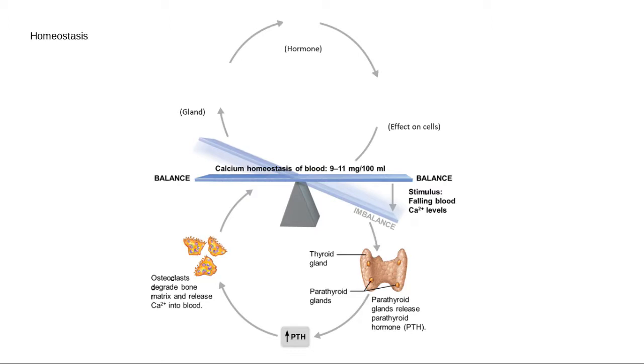The first example of homeostasis that we talked about in the last unit was body temperature. So homeostasis is, maybe in easy words, something the body keeps stable. The amount of calcium we have in the blood, we want to keep about stable.